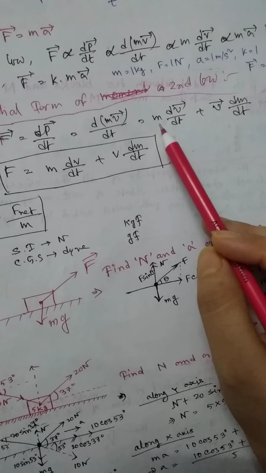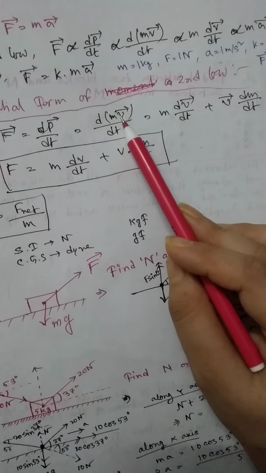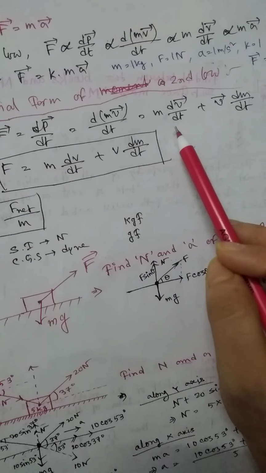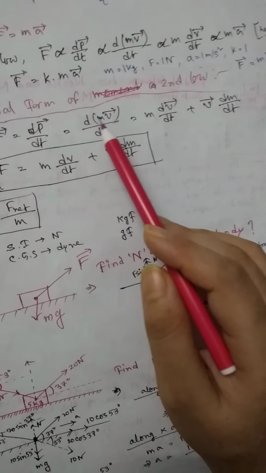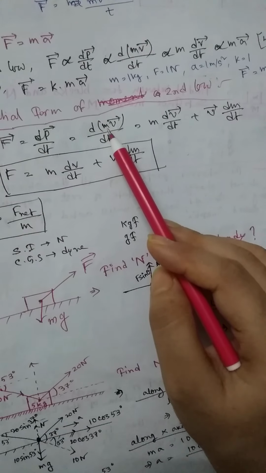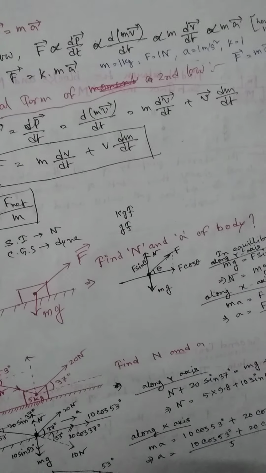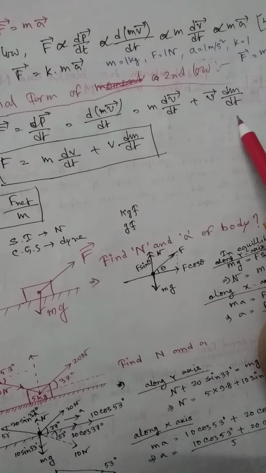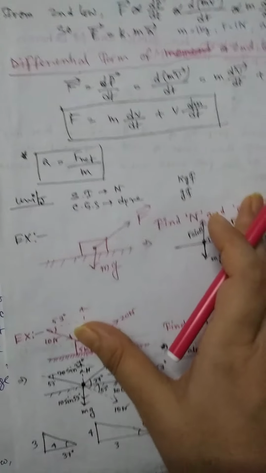First we assume this one is constant and find the derivative of the second one, which is m into dv by dt, and take plus. The next term: we assume this one is constant and find the derivative of m. A constant term always comes out of the derivative, so v dm by dt. So this is the differential form of the second law.